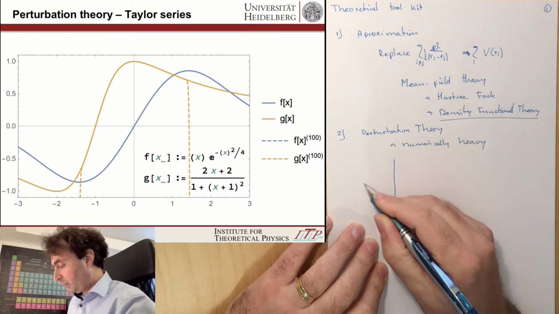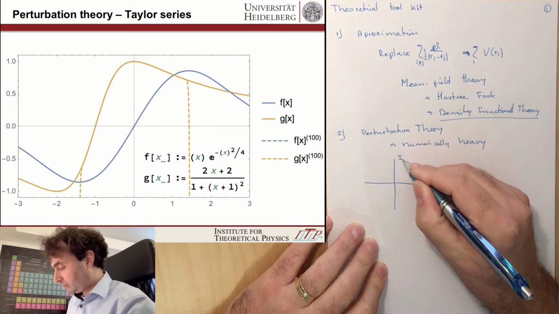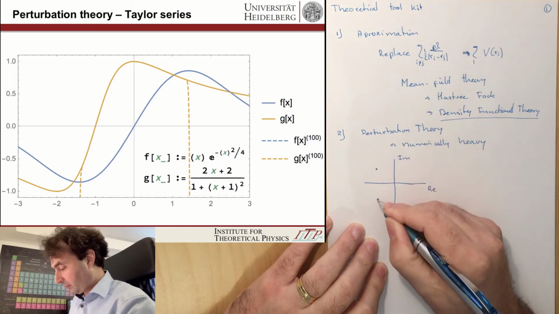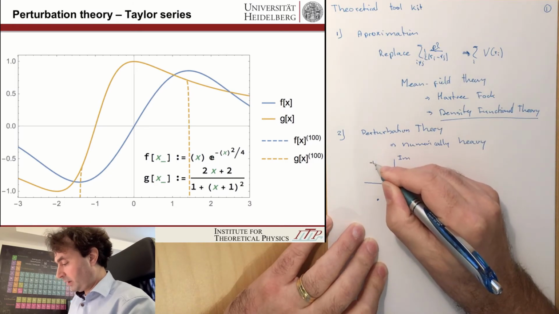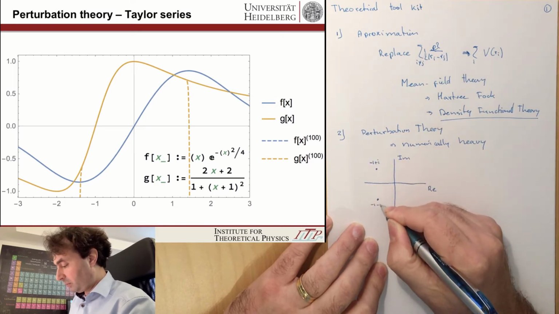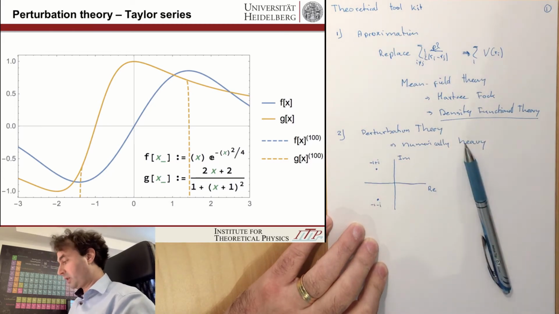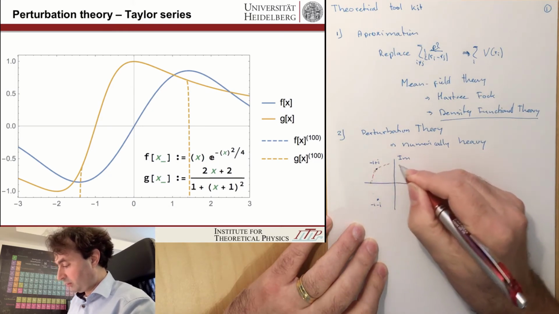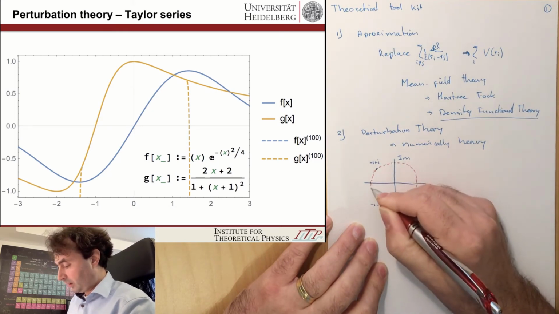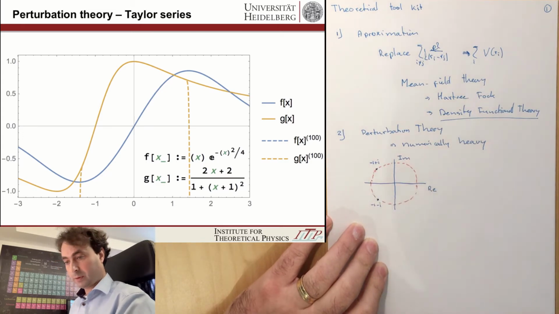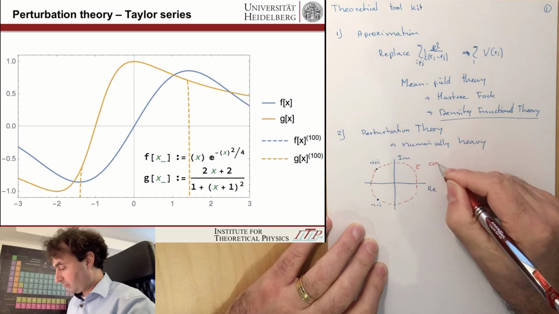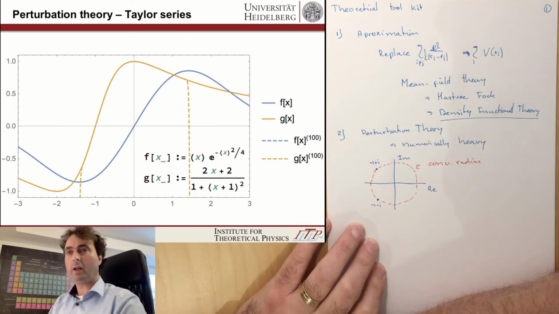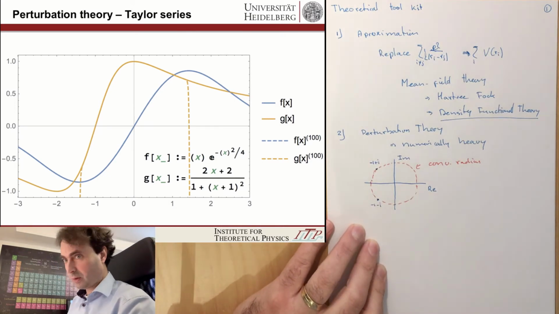So if we look in the complex plane and look at the poles of g of x, then we see at minus 1 plus i or minus 1 minus i, g of x diverges. That gives you a convergence radius of square root of 2, and that means that inside your range of convergence a Taylor series works, and outside your range of convergence a Taylor series doesn't work.